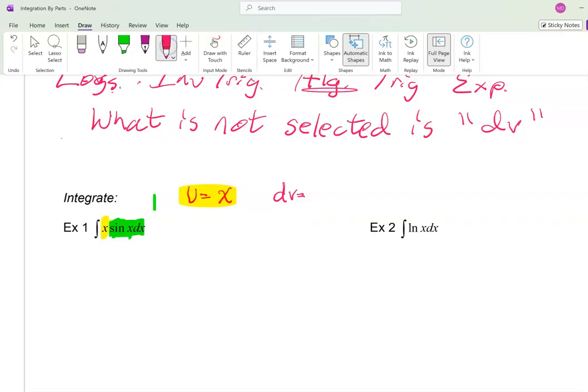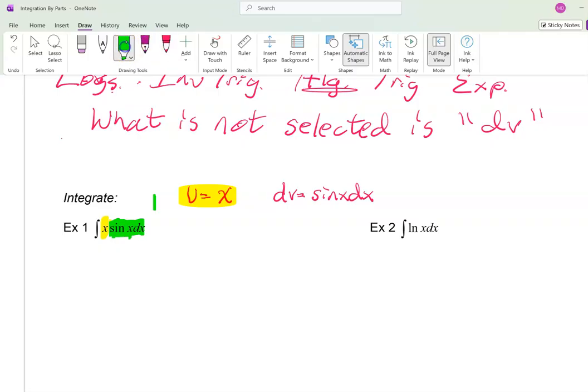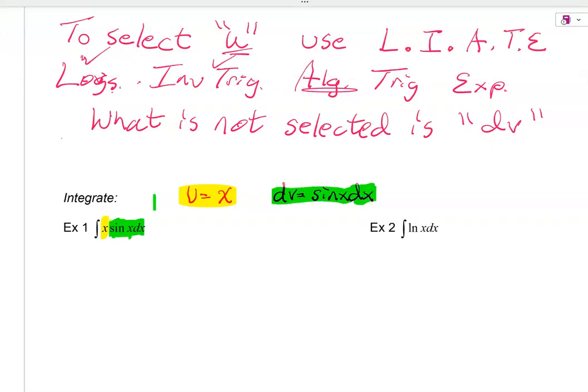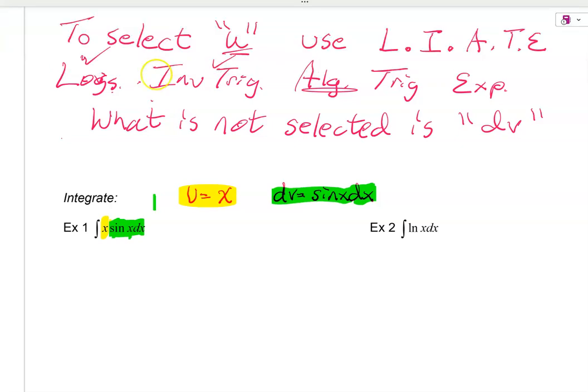And watch this. I'm actually going to write sine of x dx right here. So you can think, well, my goodness, what's the plan? Here's what we're going to do. With what's been highlighted in yellow, I'm going to take my derivative. I'm going to get du, and the derivative of x with respect to x is just dx.